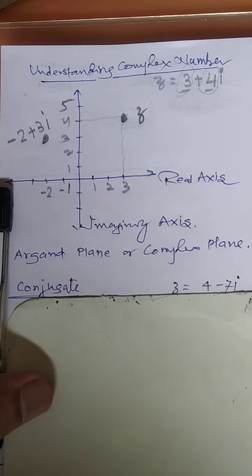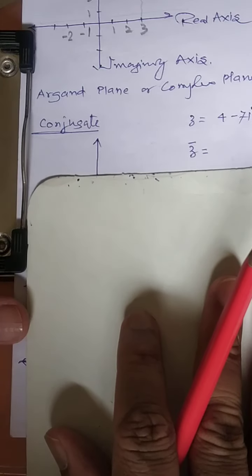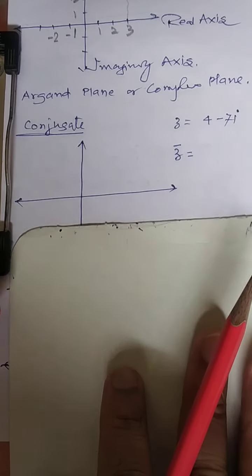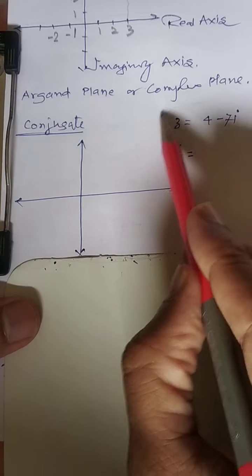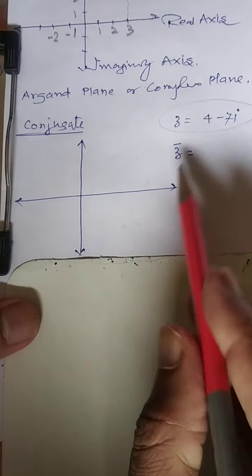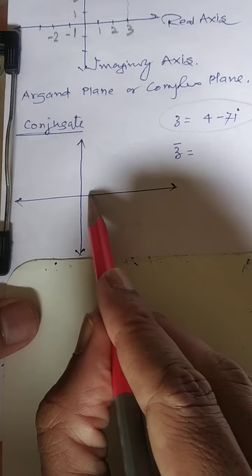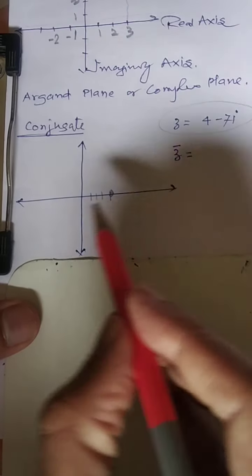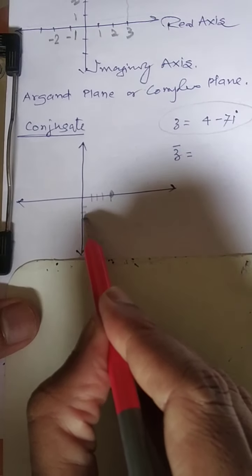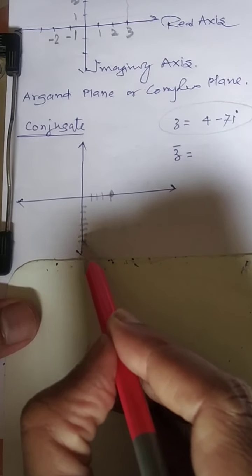Okay. Now, if you remember, you have learned one more fact in the earlier discussion, that is nothing but the conjugate. I am just trying to look at this expression and present it over here. On the real axis it will be 4, so it will be 1, 2, 3 and 4 somewhere here. And imaginary is minus 7, meaning 1, 2, 3, 4, 5, 6, 7 and this one.